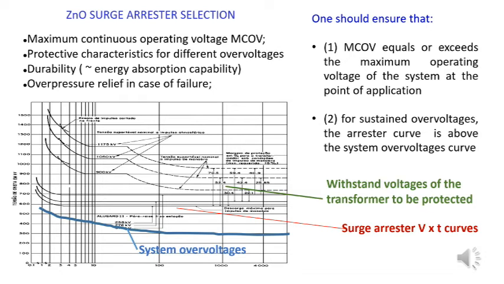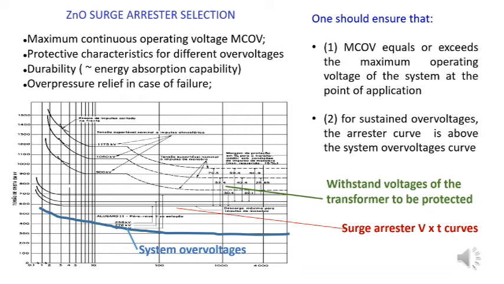Let's suppose that we checked for each value of overvoltage the corresponding duration and constructed a curve more or less like this blue one. Above this curve, we should have the curve of the surge arrestor. Let's say the surge arrestor should have a curve which is above the overvoltage that the system will produce.